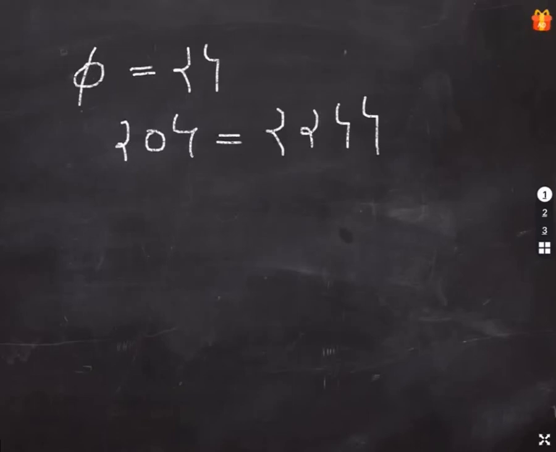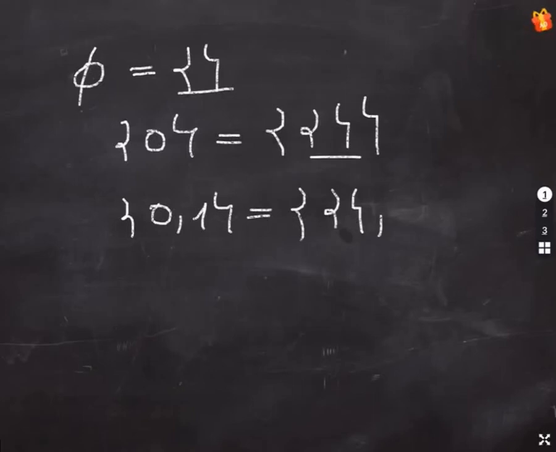Number 2, for instance, could be identified with the set containing the objects 0 and 1, and so forth.